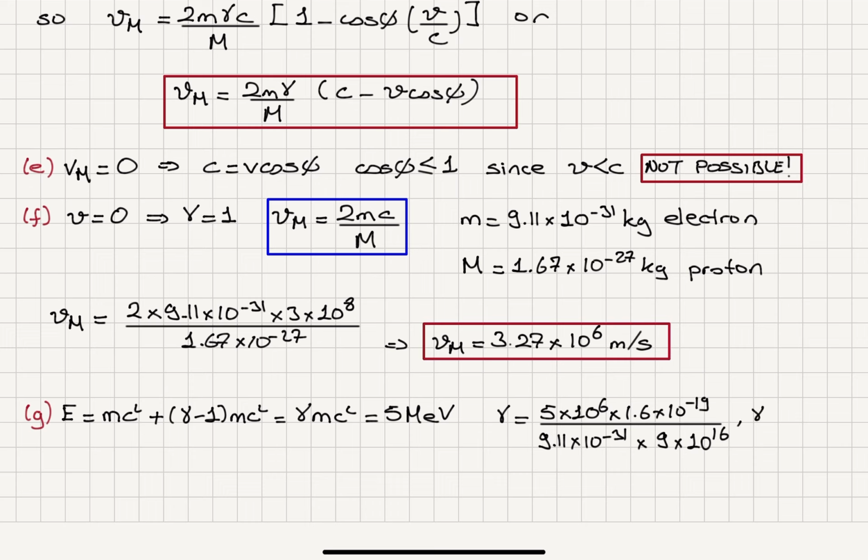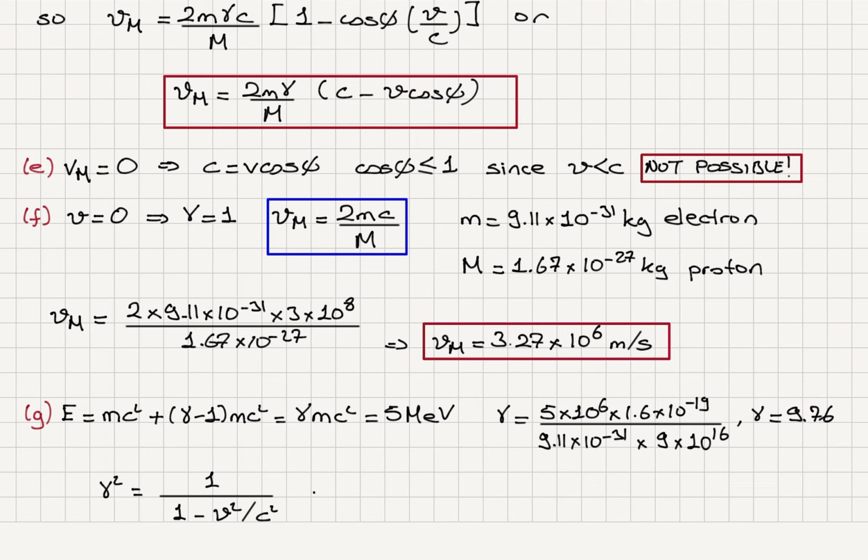So this gives us a gamma of 9.76. Now at the same time, gamma square is equal to 1 over 1 minus v square over c square.